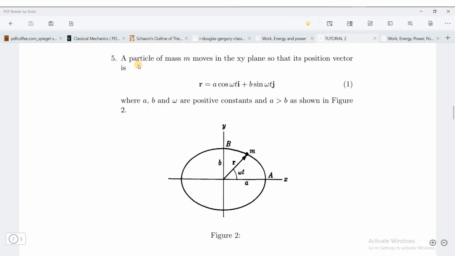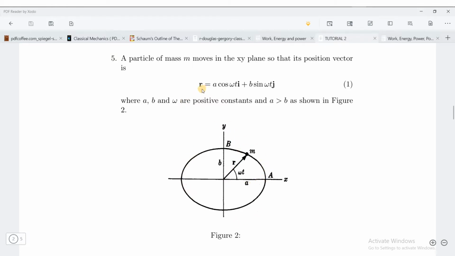Number 5 is a particle of mass m which moves in the xy plane so that its position vector is r equals a cos omega t i plus b sine omega t j. So this is the position vector of this particle as it moves along this ellipse.